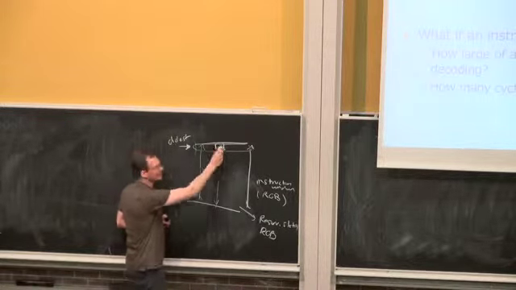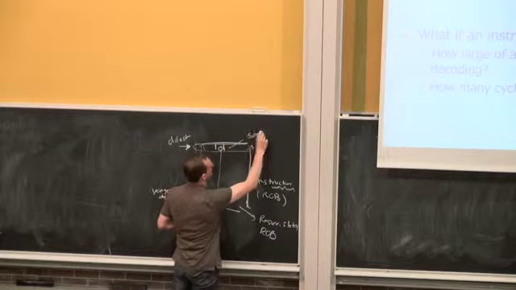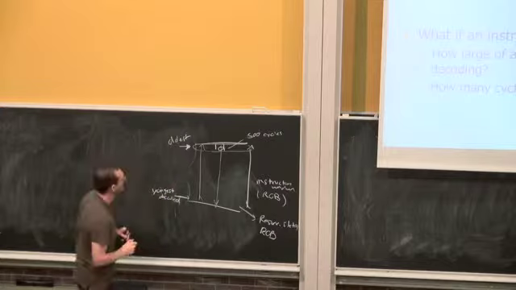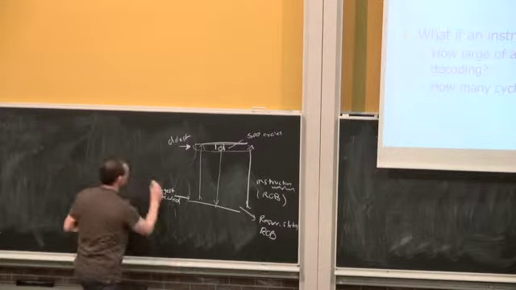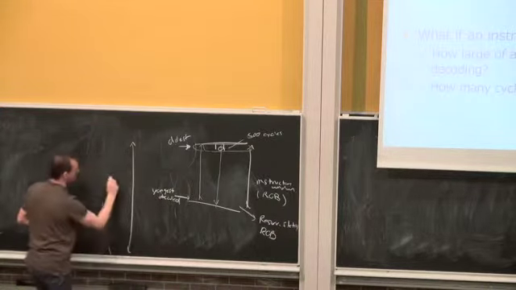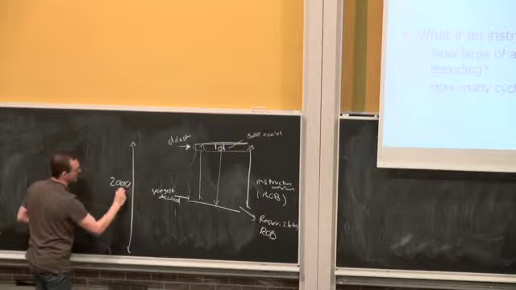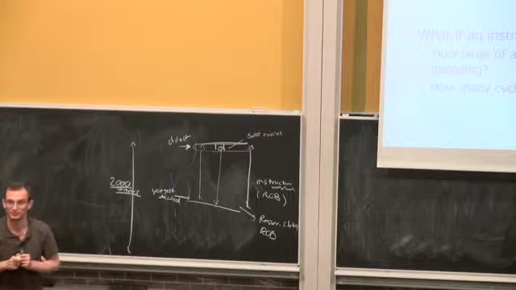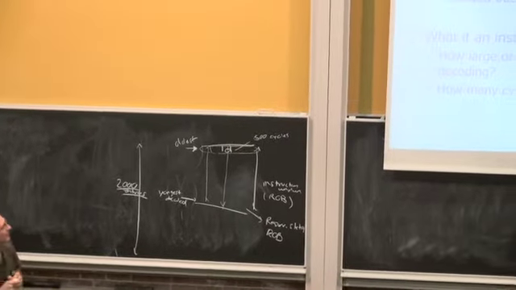Right. If this is 500 cycles, and let's say you're fetching and decoding 4 instructions per cycle, in order to not stall, you need a window size that has 2,000 entries, right? While you're waiting for this load. Make sense?